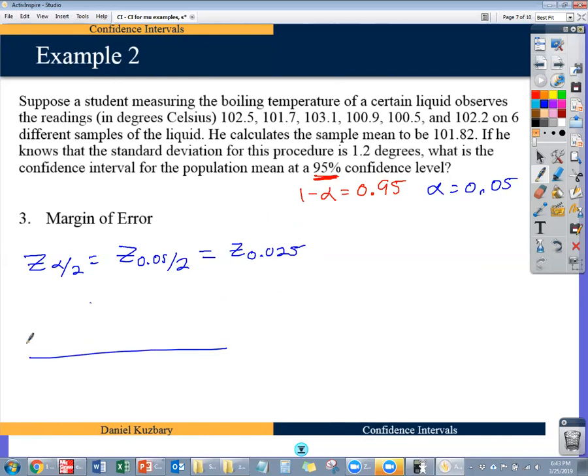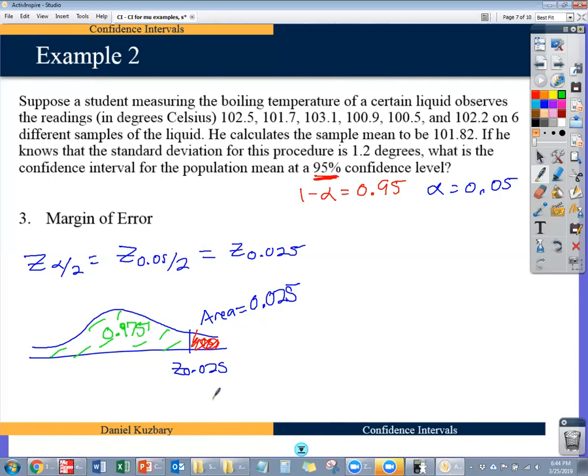So that means on my standard normal curve, z 0.025, this value, whatever it is, I'm about to find it, the area to the right of this value is equal to 0.025, which means the area to the left of this, see how this picture comes in handy a lot, is the opposite of 0.025, which is 0.975.